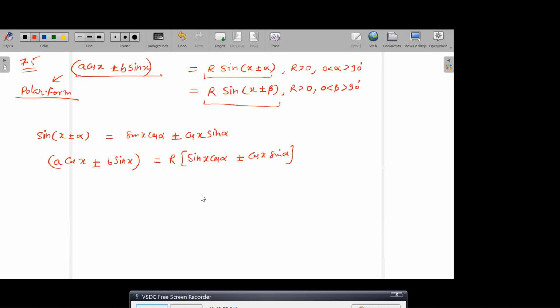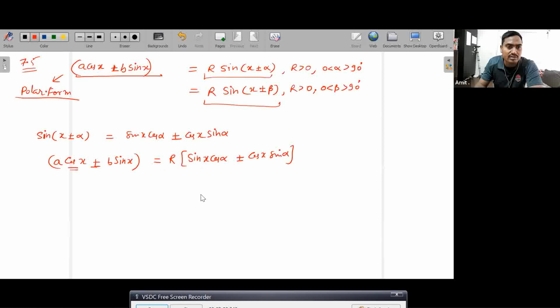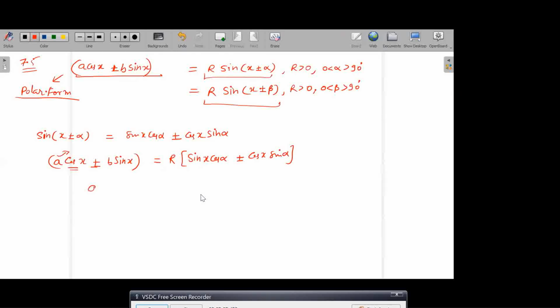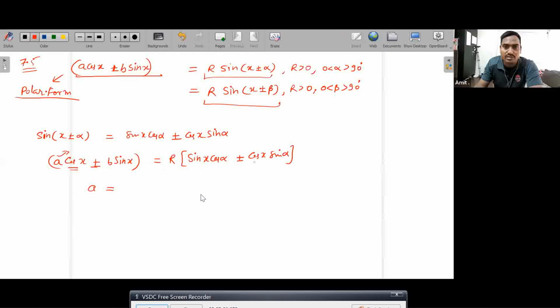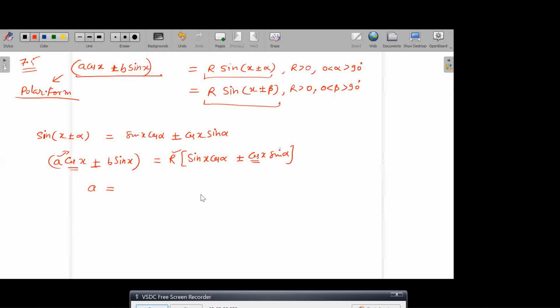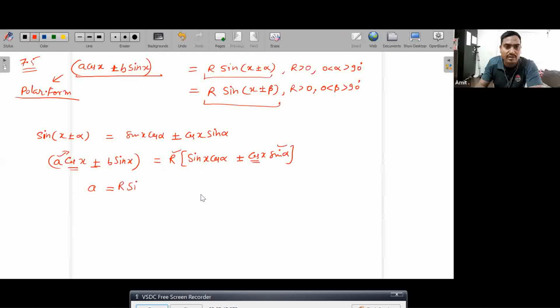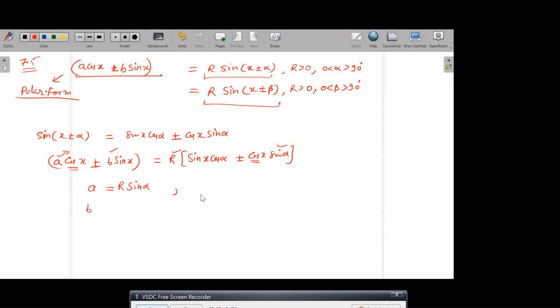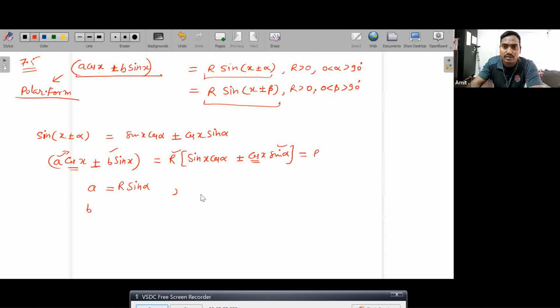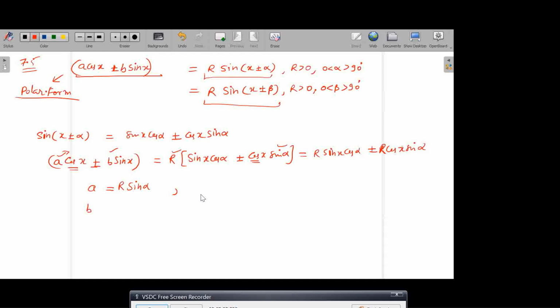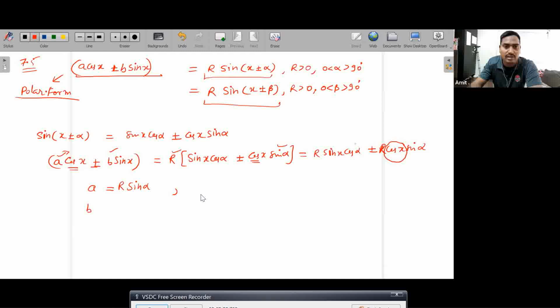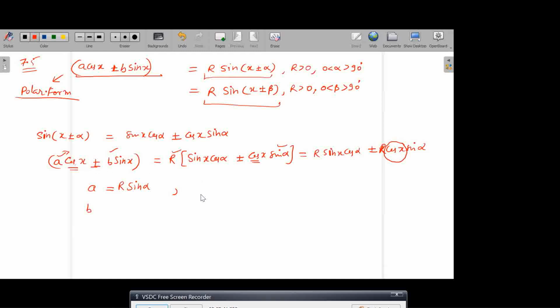Writing it as r sin x cos alpha plus minus r cos x sin alpha makes it clear. So the coefficient of cos x here is r sin alpha, and on the other side the coefficient of cos x is a.